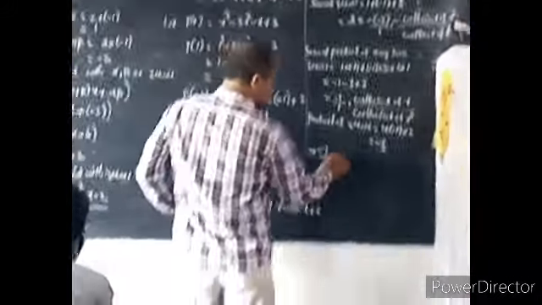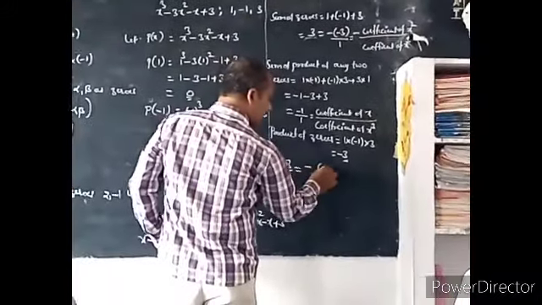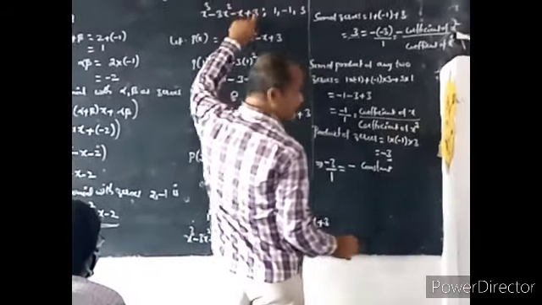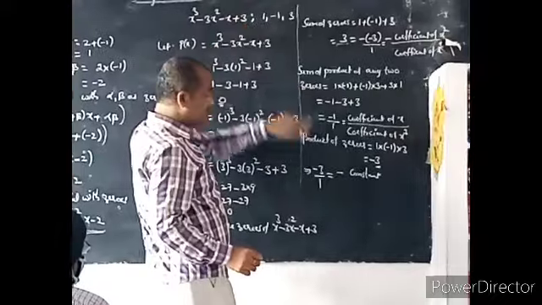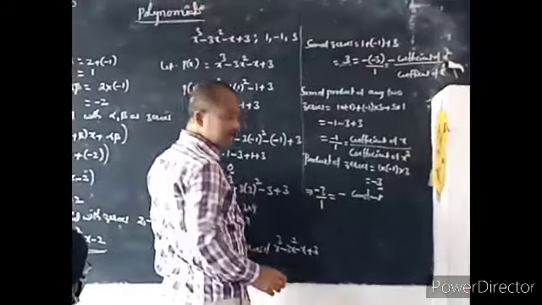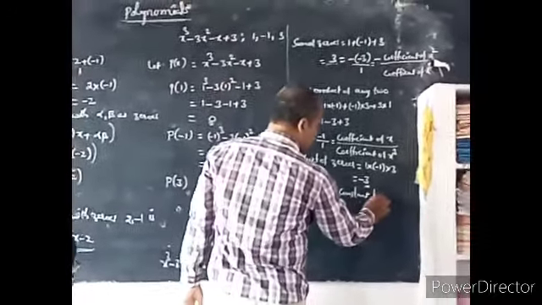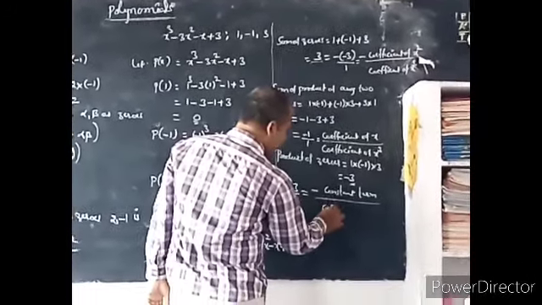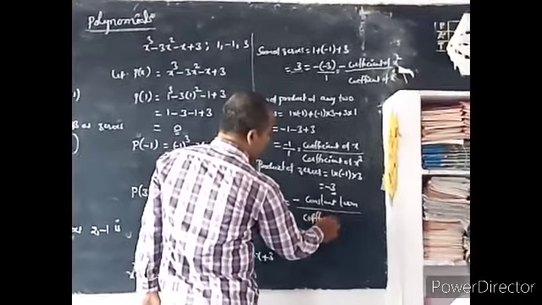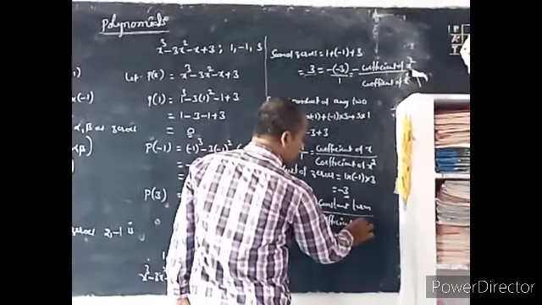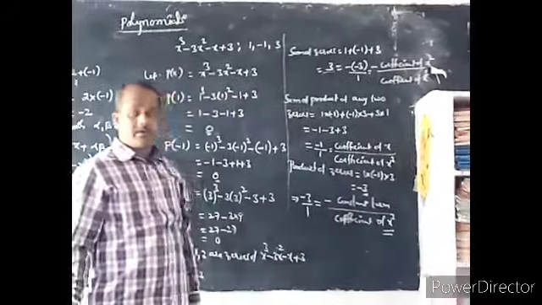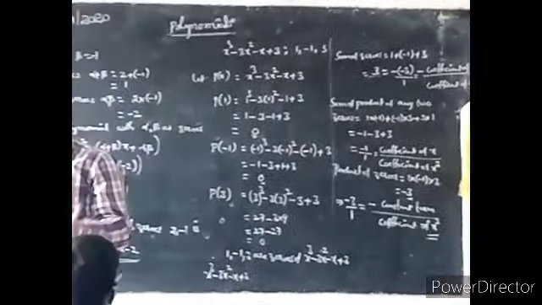It may be written as minus of constant term, plus 3 only in the given polynomial. So it is minus of the constant term by coefficient of x cube.